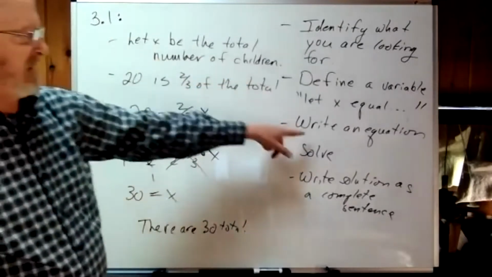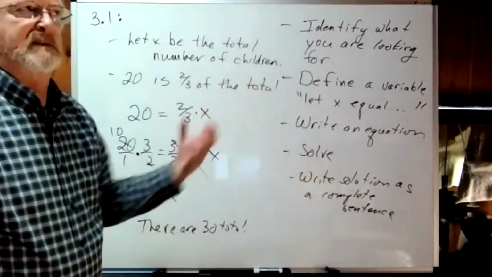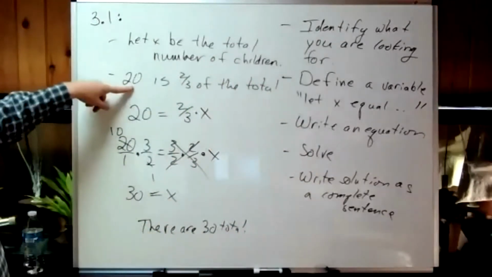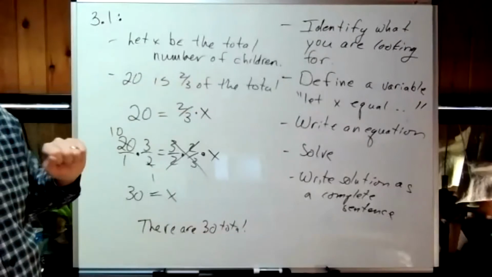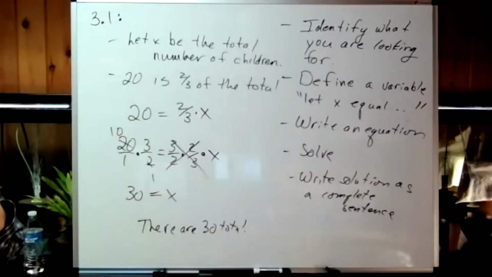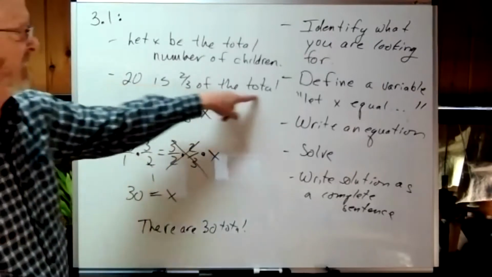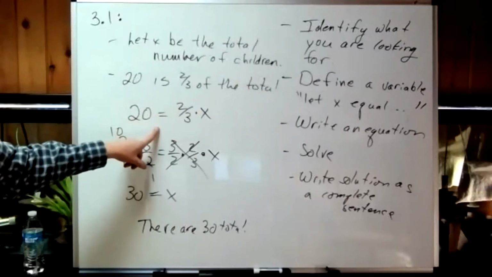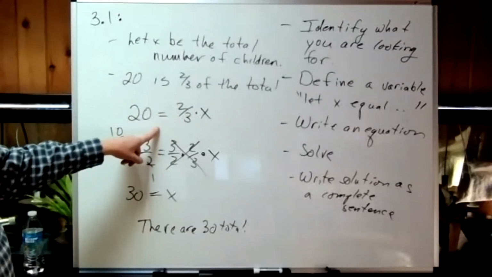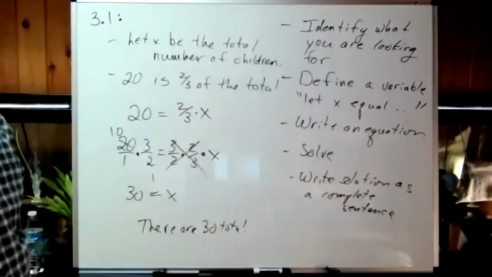I tried to write an equation, but as an intermediate step, I tried to simplify the story. 20 girls is 2/3 of the total, right? 20 is 2/3 of the total. That helps me to organize it, simplify it, because that pretty directly translates to my equation. 20 is 2/3 of the total.